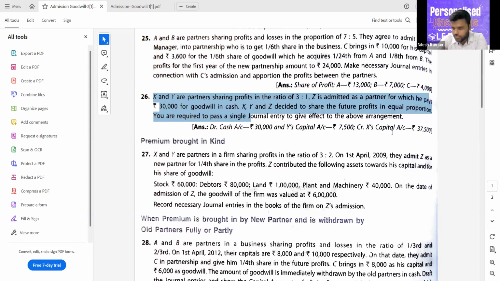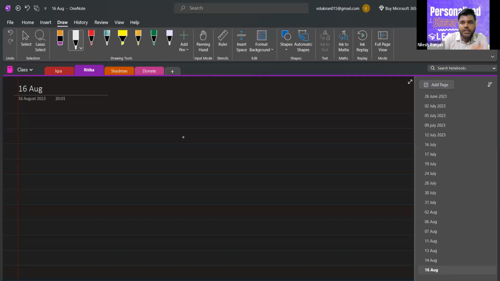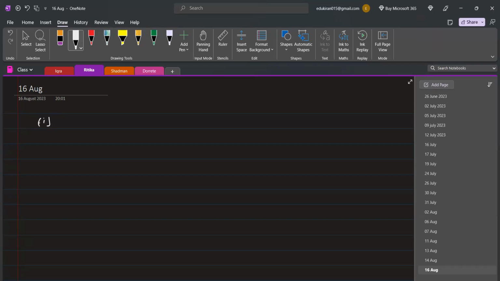Okay, so you got confused. If this line was not written in the question, then what will be the journal entry? Tell me. So here it says he brings 30,000 for goodwill in cash.